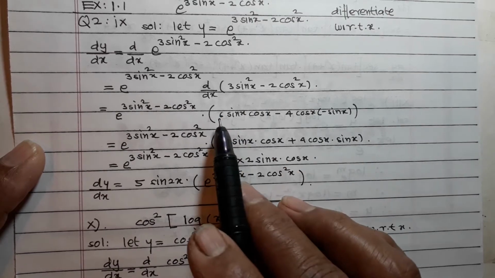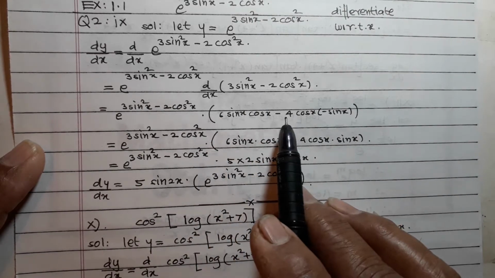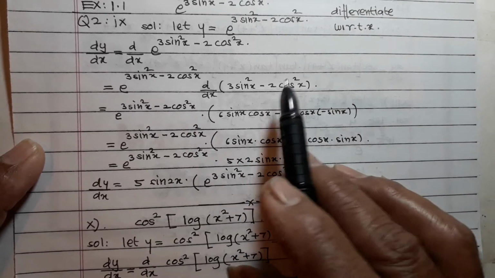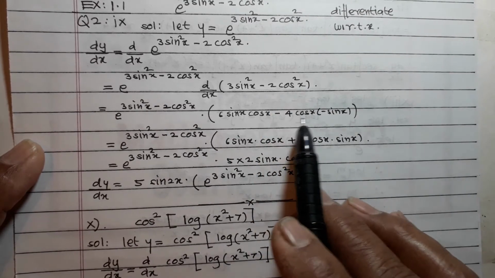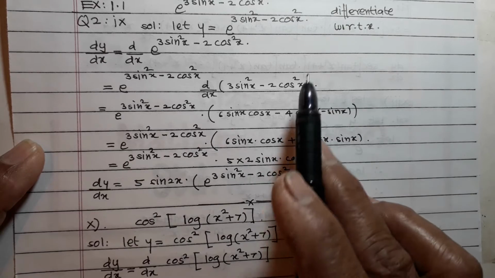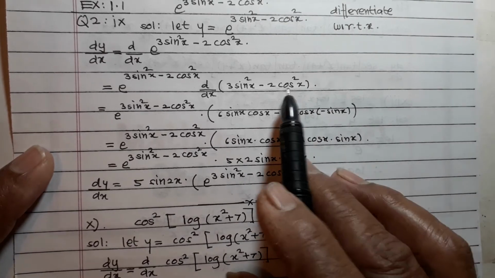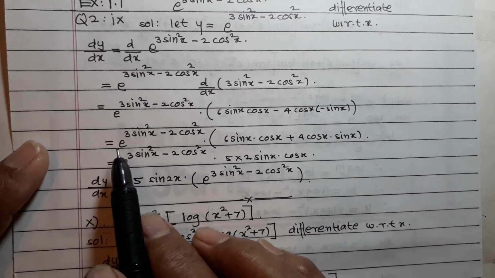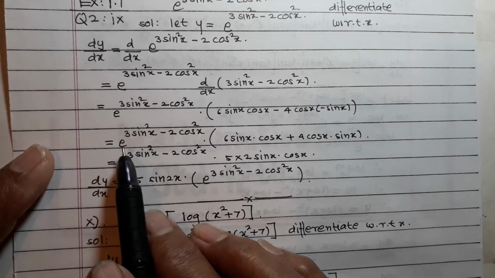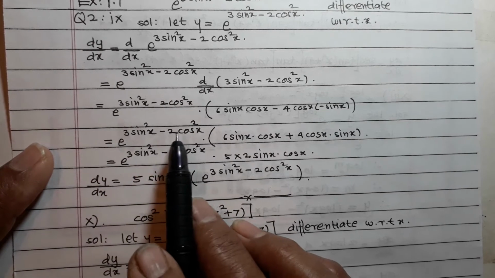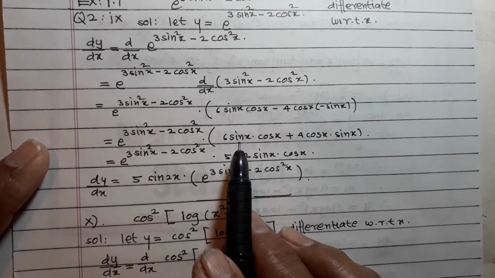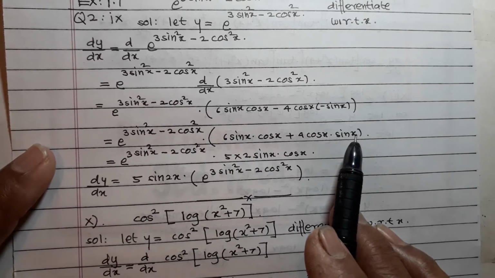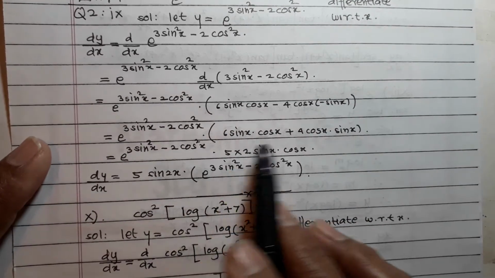So this is equal to 6 sin x cos x, minus 2 cos x times the derivative of cos x, that is 2 into 2 is 4. Minus the derivative of cos x, which is minus sin x. Therefore dy/dx is equal to e raised to 3 sin² x minus 2 cos² x into the bracket 6 sin x cos x plus 4 cos x sin x.